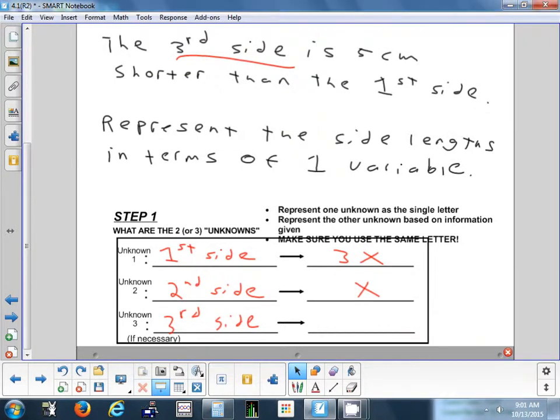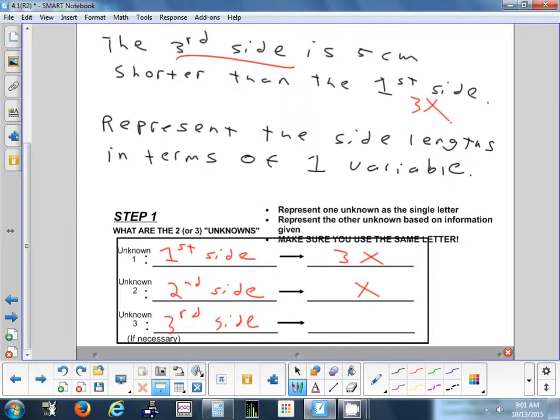Now it says the third side is 5 centimeters shorter than the first. Do we have any kind of representation for the first side? How did we represent first side? The first side is 3x. So what I'm going to do is just put that there to remind you.